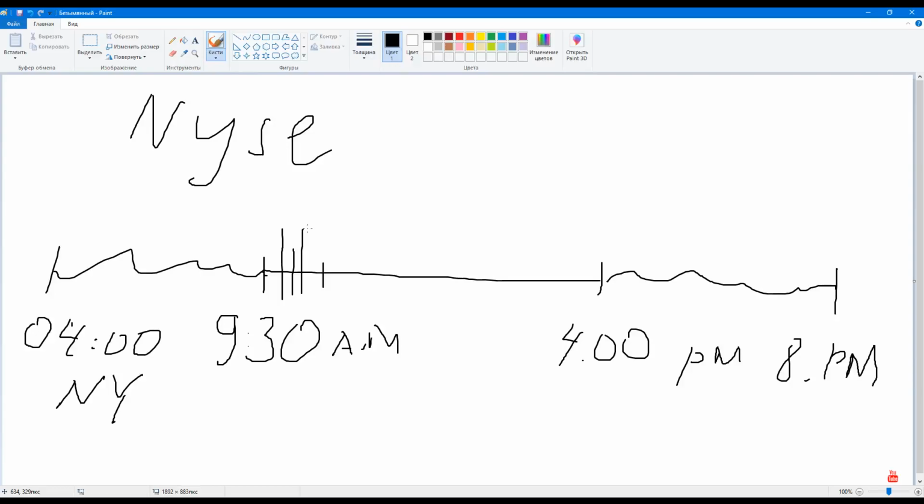In contrast to the United States market, the cryptocurrency market is open 24 hours, every day. For me, that's a problem, because you can't, and I think you mustn't, be near the computer all the time.